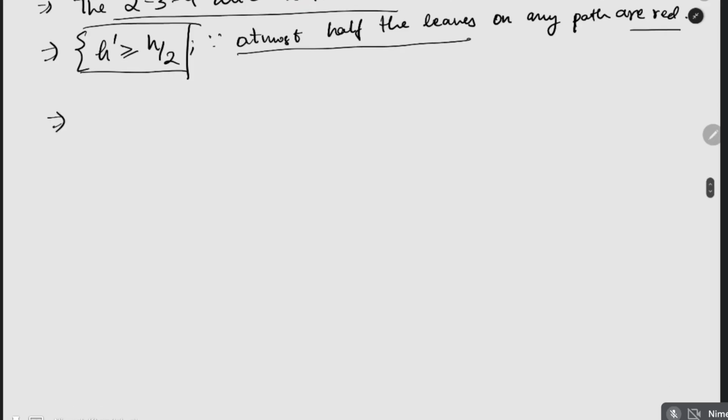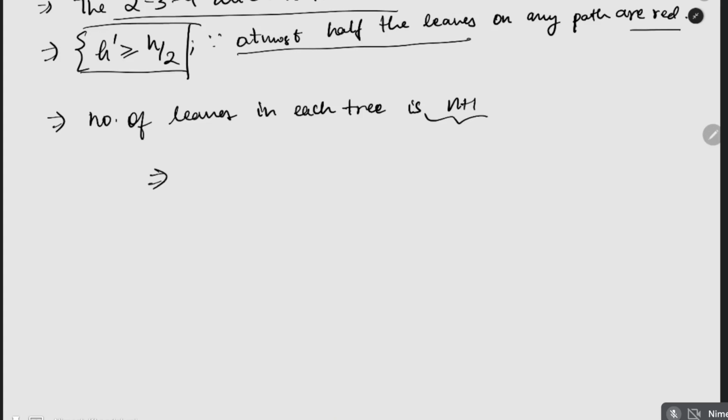So what does this give? This gives that the number of leaves in each tree is n plus 1, because on an average, the number of leaves in each tree is n plus 1.